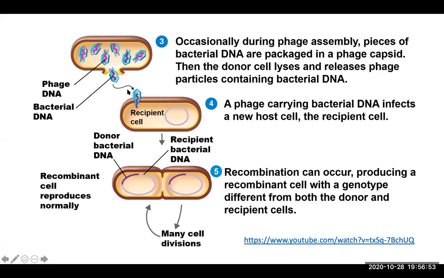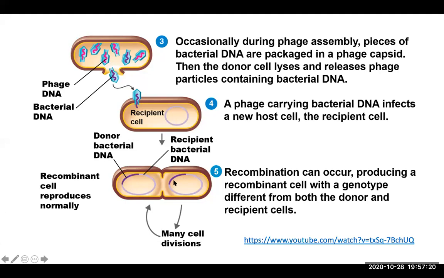When it goes on to its next host, it's going to inject that DNA, which, because it came from a bacteria already, is going to have some similar regions. So it's going to be easy for recombination to occur.